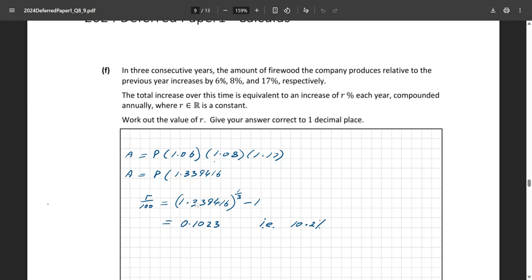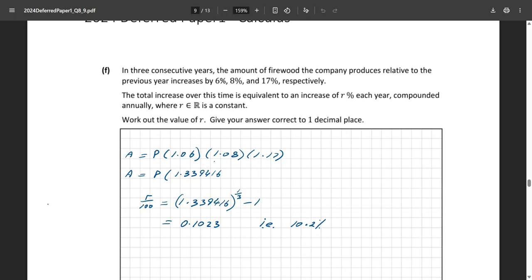So there's a formula in the tables which we can use, or basically you can just take your final amount to the power of a third minus 1, and that's your rate over 100 basically. So what we're doing here is it's kind of like, if you think about a monthly interest rate, it's always 1 plus your yearly interest rate, in a bracket, to the power of 1/12 minus 1.